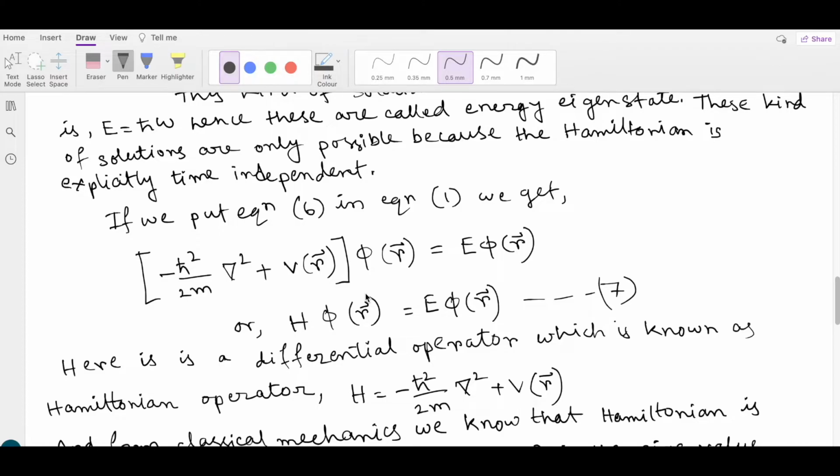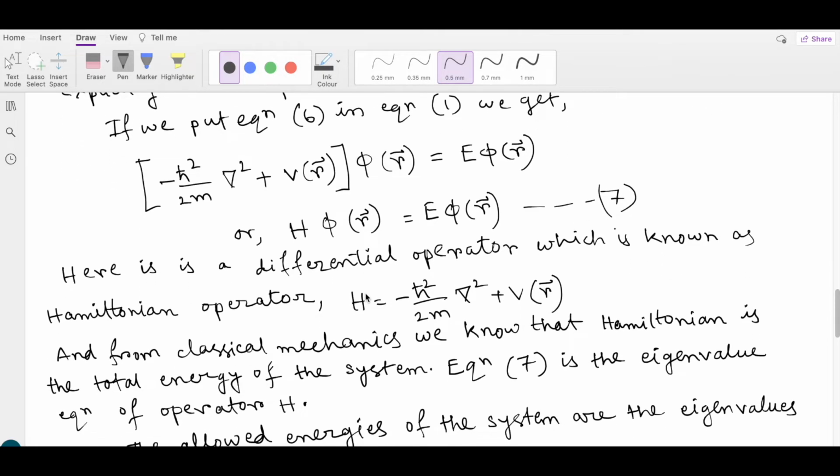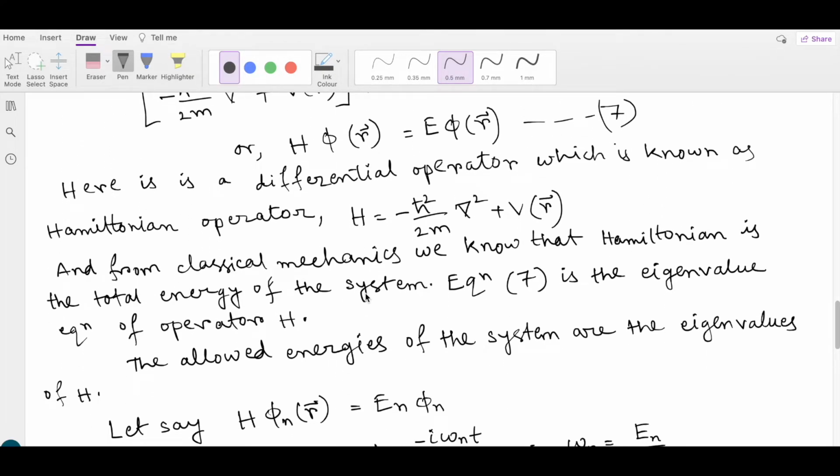And the term in the bracket is H, where H is a differential operator known as the Hamiltonian operator, which is given by H equals −(ħ²/2m)∇² + V as a function of r. And from classical mechanics we know that the Hamiltonian is the total energy of the system.